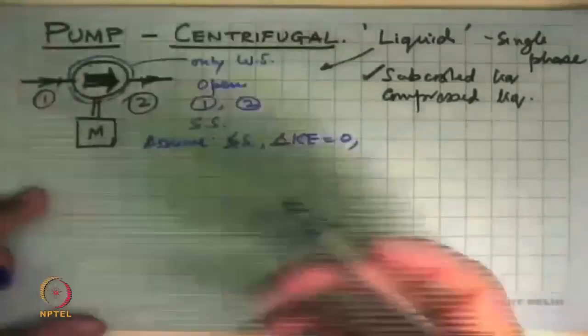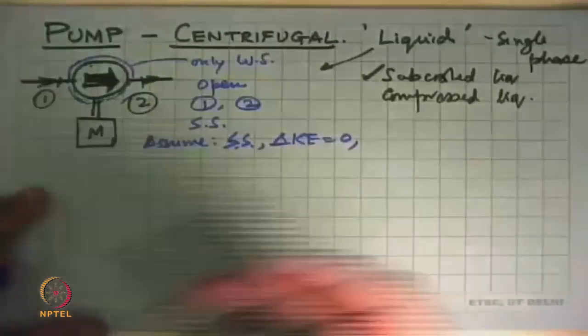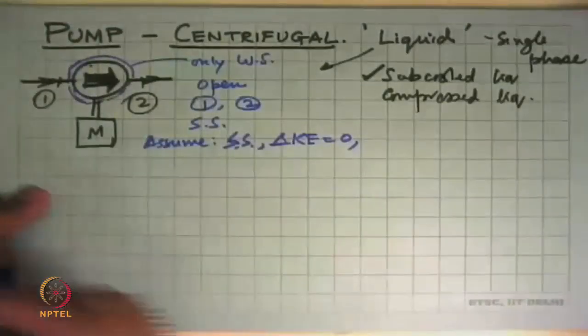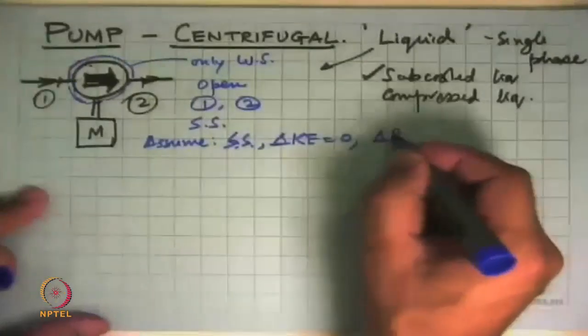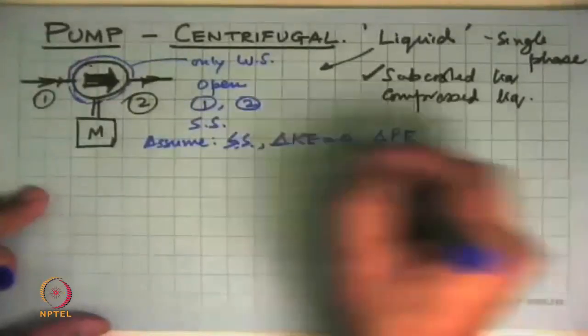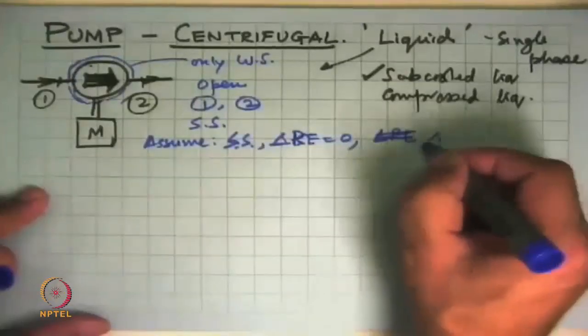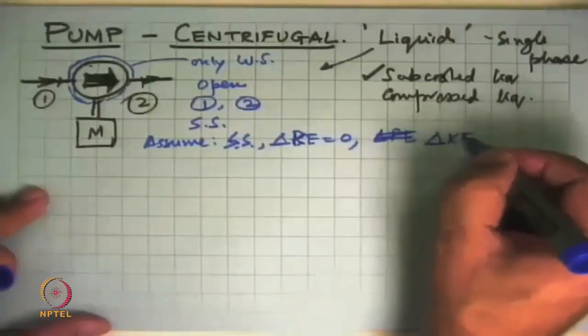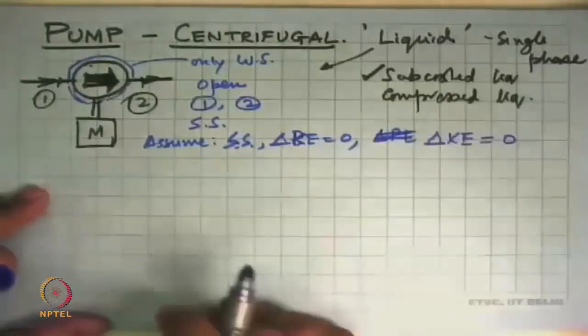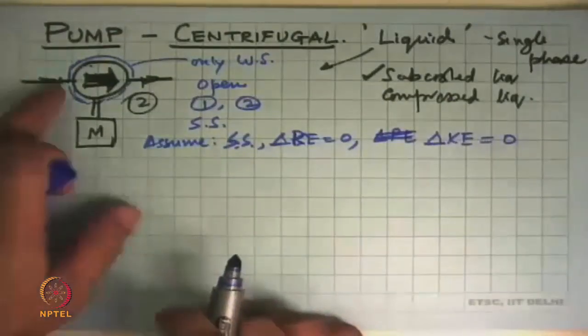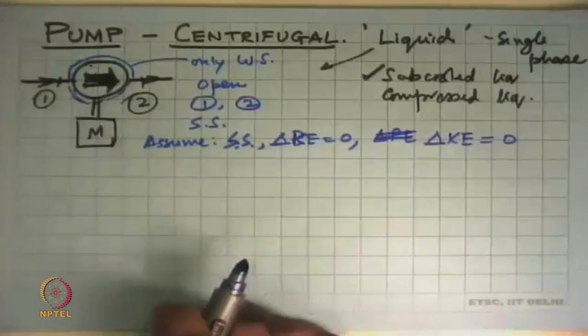And pumps, even though they increase the pressure, they don't increase the velocity very significantly at all. So it is perfectly fine to say that delta PE is equal to 0. Since velocity changes in the machine are very small, we can say the kinetic energy change from inlet to outlet of a pump is also 0.